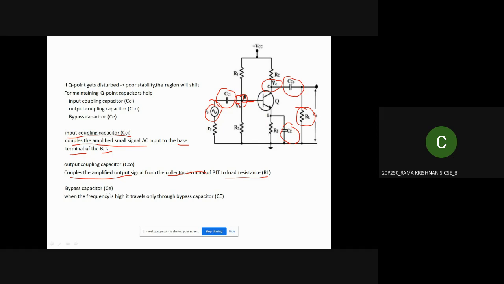So whenever the frequency is high, it travels only through the bypass capacitor. The reason is the reactance we have studied before in AC. If the frequency is high, the reactance will become 0, so the current will pass through here.